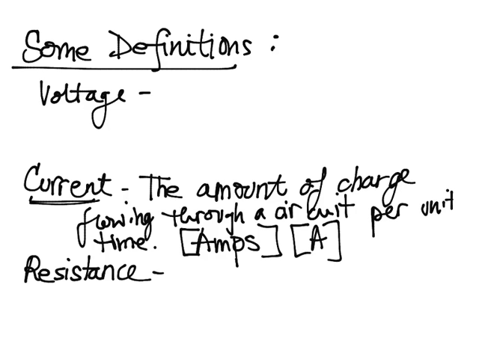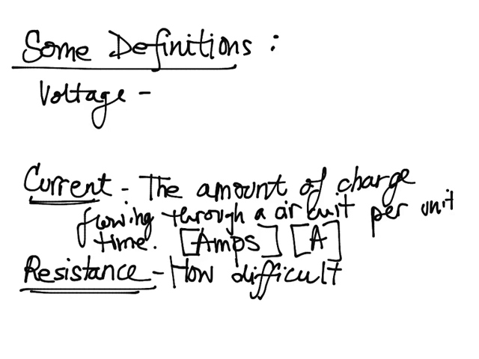Now, just like if you have water flowing through a pipe, sometimes that water will meet resistance. Okay, something will be blocking it. And so resistance in an electric circuit is how difficult it is to get electrons through a circuit.